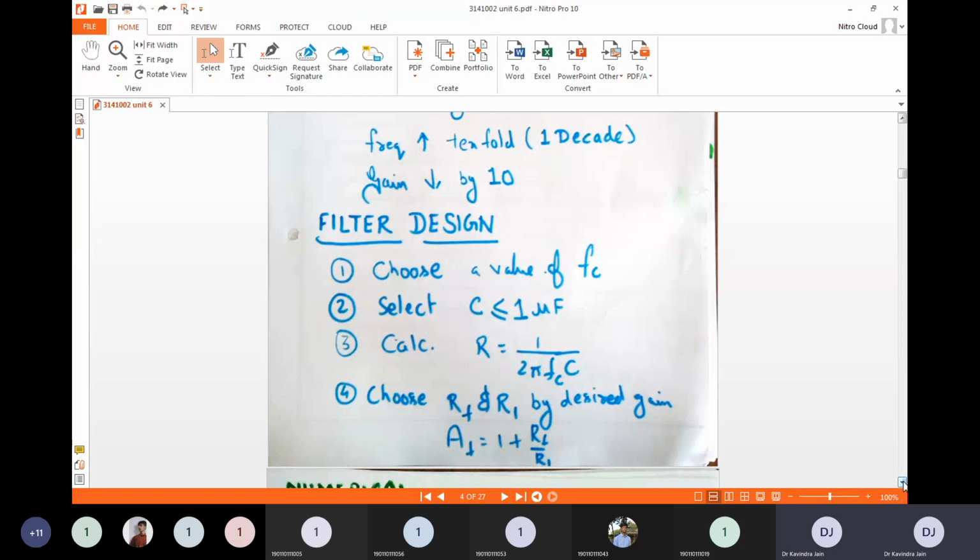So guys, based on it, we are proceeding for designing a first order low pass Butterworth filter. Fine. Please note down the numerical. I repeat, please note down the numerical.